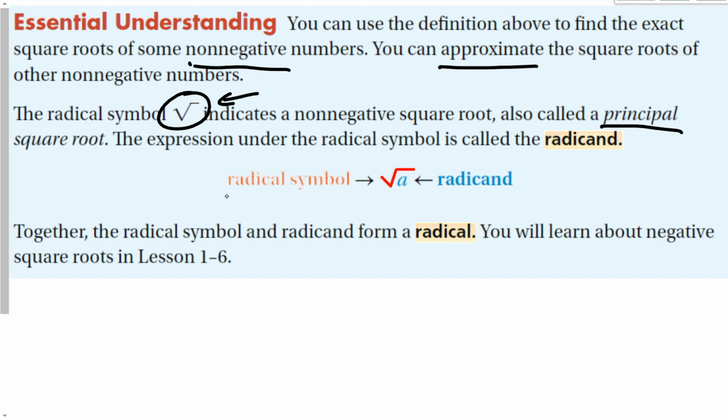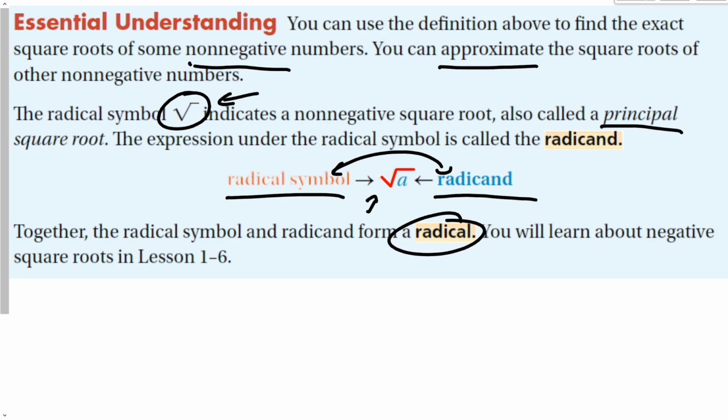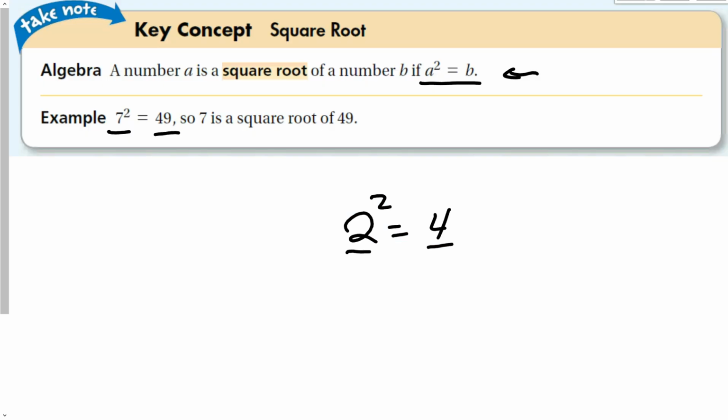Now, the radical symbol is the piece in red. The part underneath the radical symbol is called the radicand. When you put both of these together, we have a radical. Square roots are a type of radical, like the squared example we saw back here.